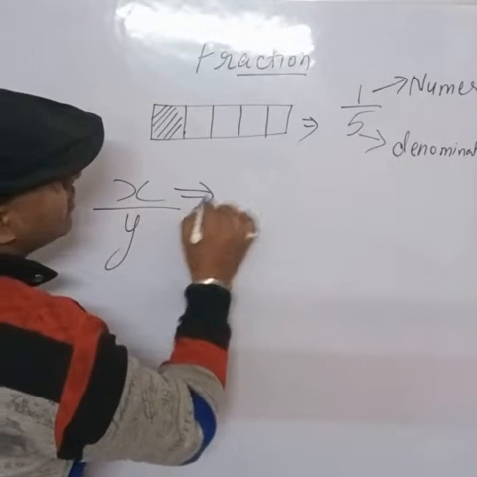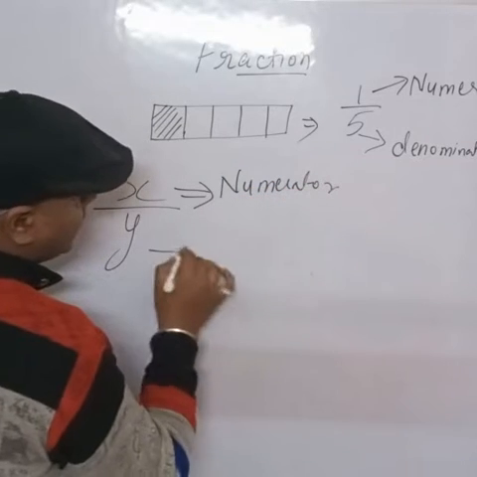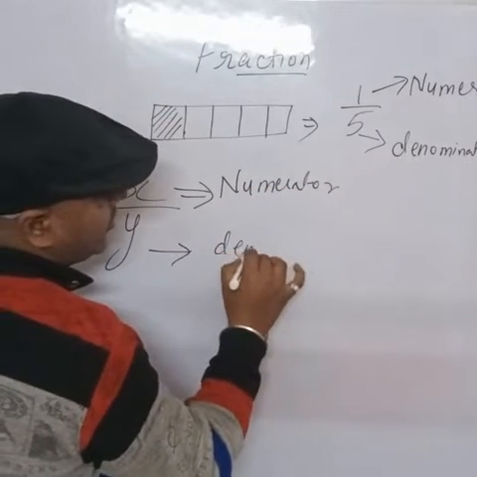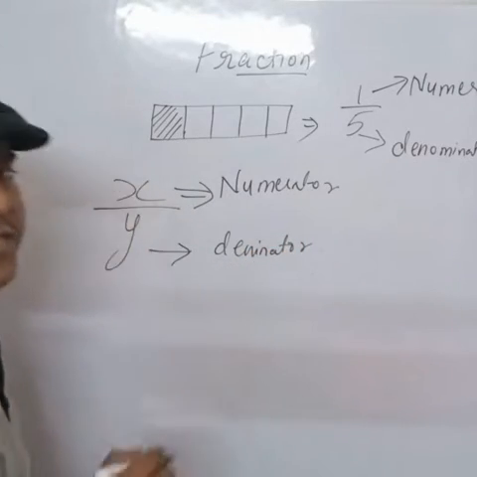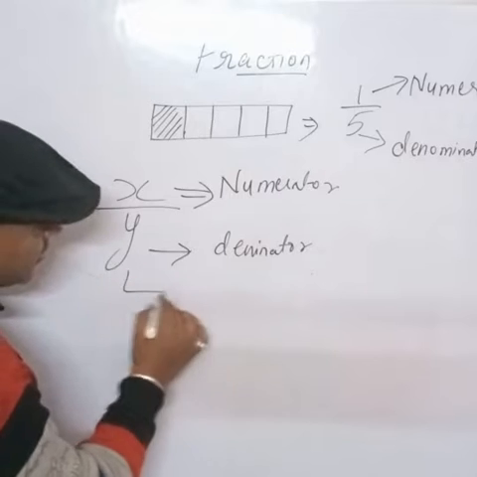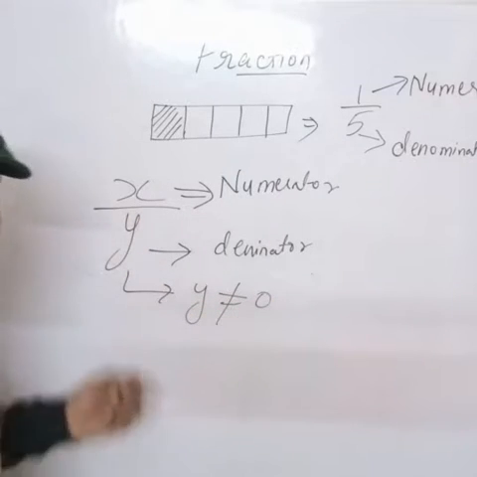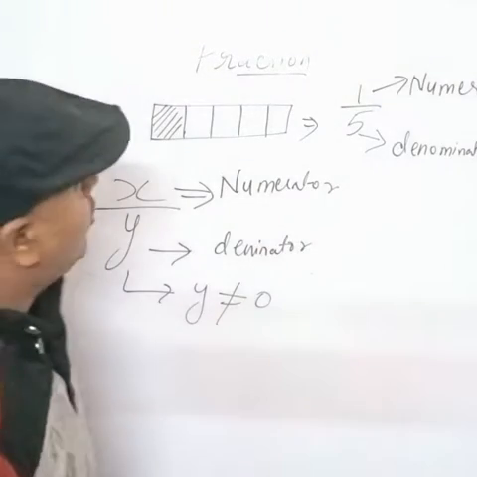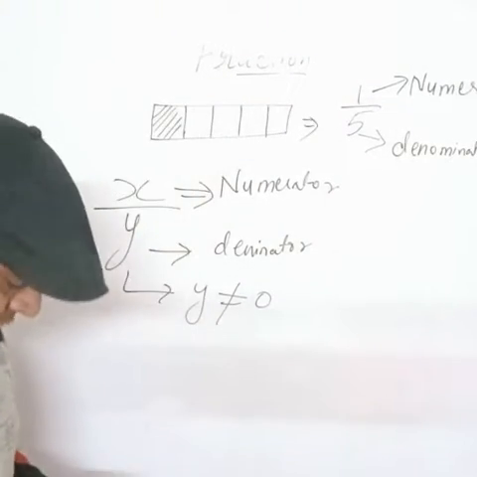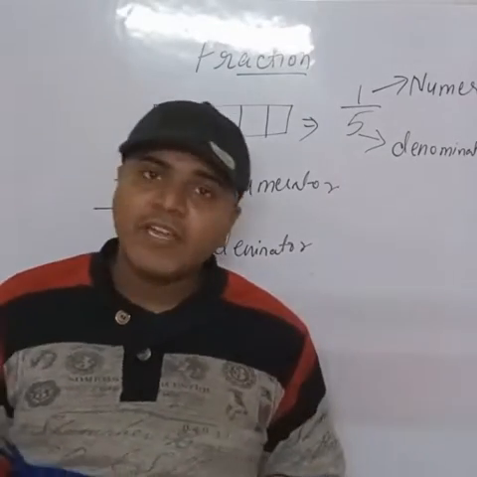This x is numerator and this y is denominator. And there is one condition: this y should not be 0. In a fraction, y should not be 0. So this is called fraction. Now we have different types of fraction.